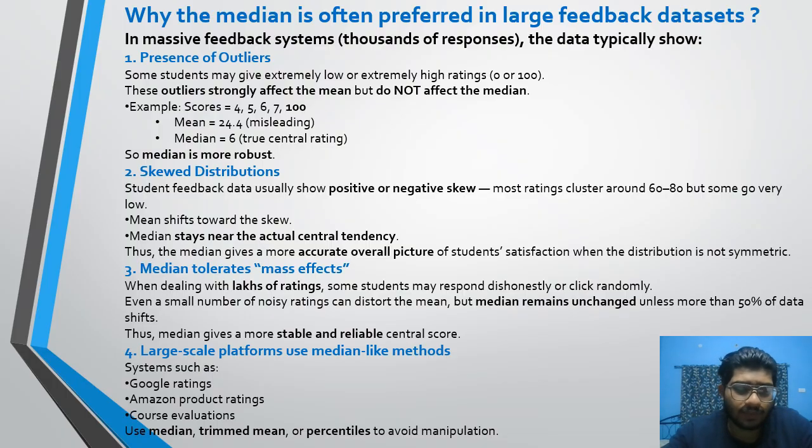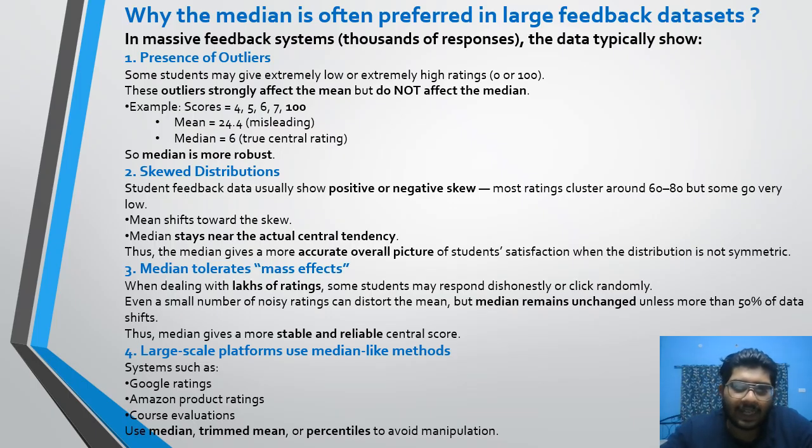You can understand that 50% of data is not just random people acting on personal feelings or going with the flow. 50% of the data means educated people thinking in the same direction. And even in this situation, the median gives a more stable and reliable center score, right?